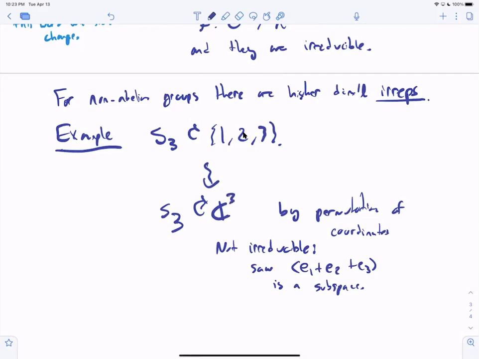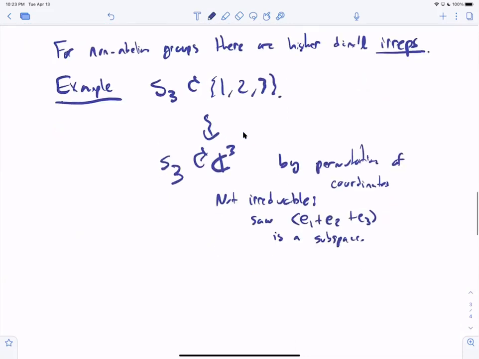Spoiler: representation theory is nicer in characteristic 0 and over an algebraically closed field. There are lots of interesting things outside those cases, but the nicest behavior is in this case, so we'll do more in this case than in any other. So this line is a subspace of this C3 representation, a sub-representation, which we abbreviate as subrep.